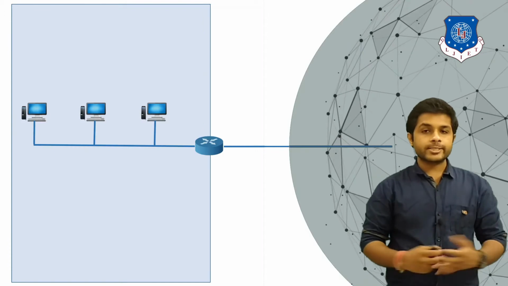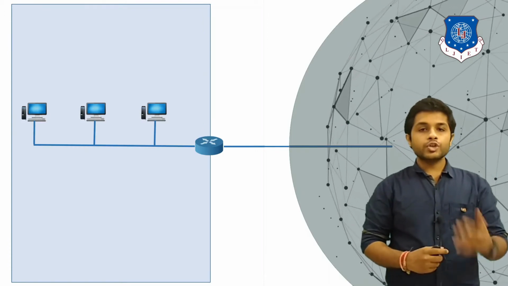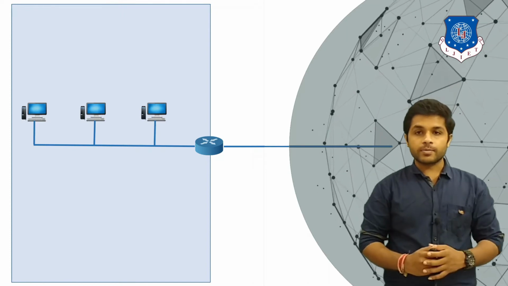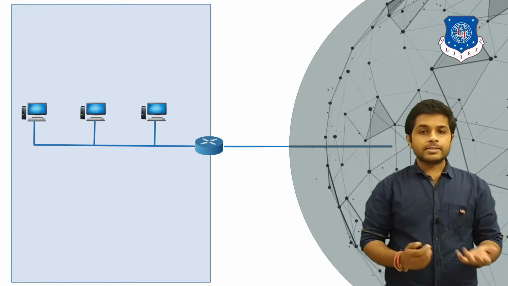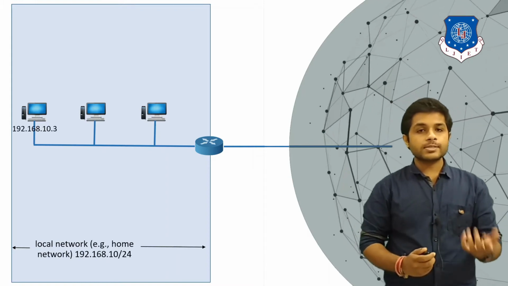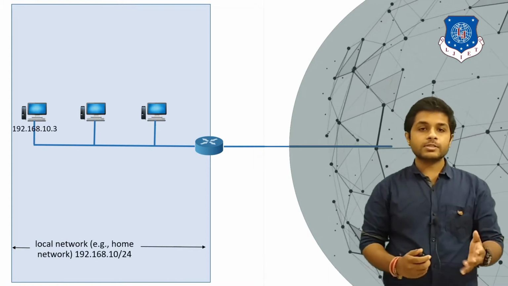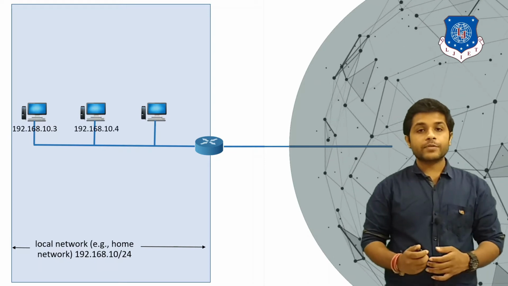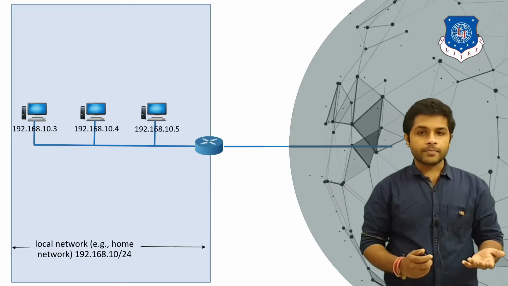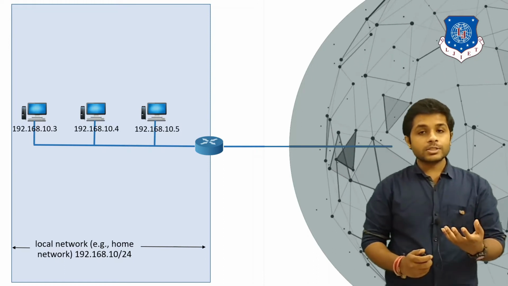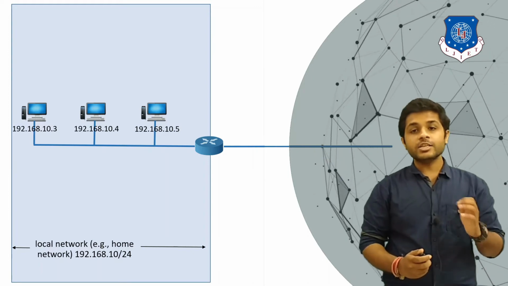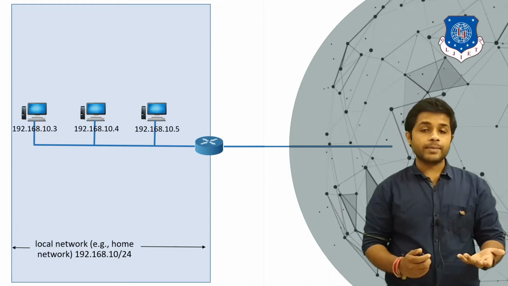Now let's try to understand with an example. You can see on the screen, 3 devices are connected in the local area network, and let's assign IP addresses to them. The first device has IP address 192.168.10.3, then 192.168.10.4, then 192.168.10.5. The router may have more than 2 interfaces, and each interface has a unique IP address.